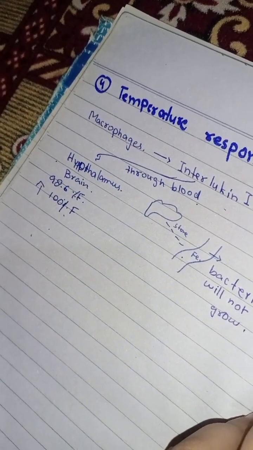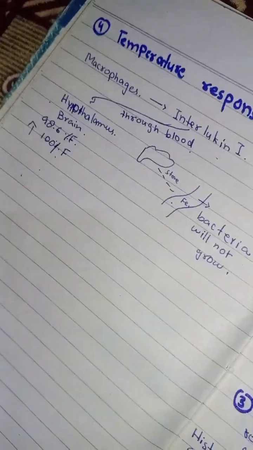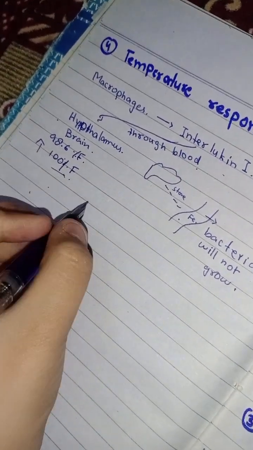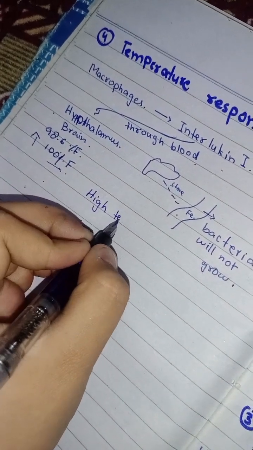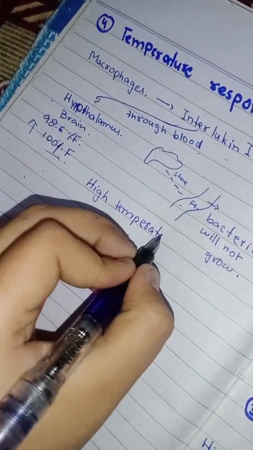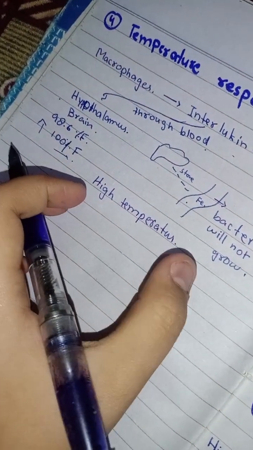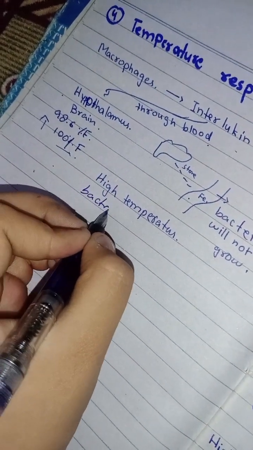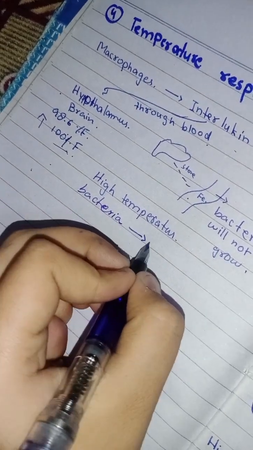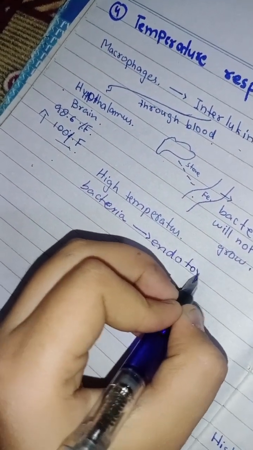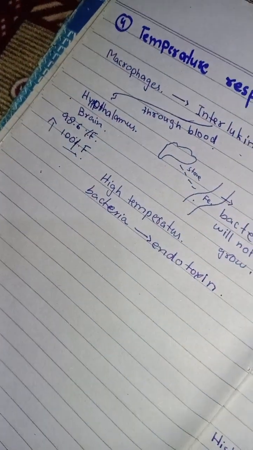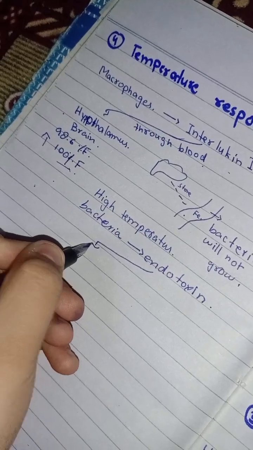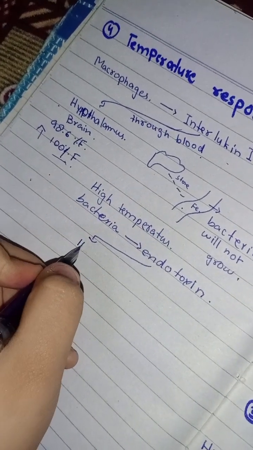This is a positive, but there is also a negative impact of high temperature. Due to high temperature, bacteria will release a type of chemical known as endotoxin. This endotoxin will move into the hypothalamus and increase the temperature up to 100, like 101.